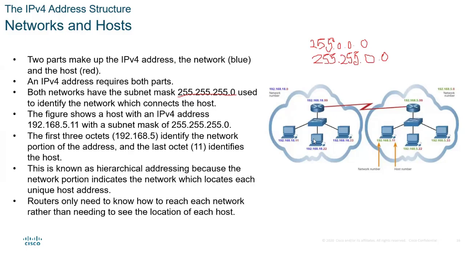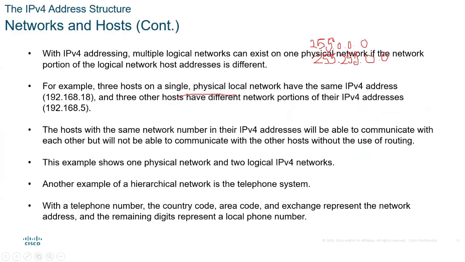So we call this one a subnet, we call this one a subnet, because all the systems here belong together, all the systems here belong together. So we have the network part and we have the host part, which must be unique. So now network and host, and that is what is covered here.